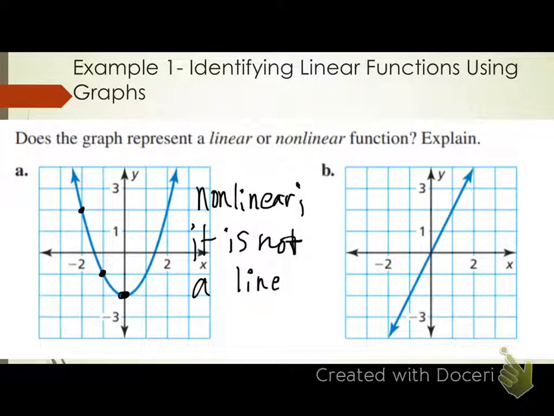So negative 3 over 1. What about this one right here? How do I get from here to here? 1. Negative 1 over 1. Is that constant? Is that the same number? No. So that's not a constant rate of change. Does everyone see that? So either one of those could be my explanation here. It's nonlinear because it's not a line, and it does not have a constant rate of change. Questions on A?